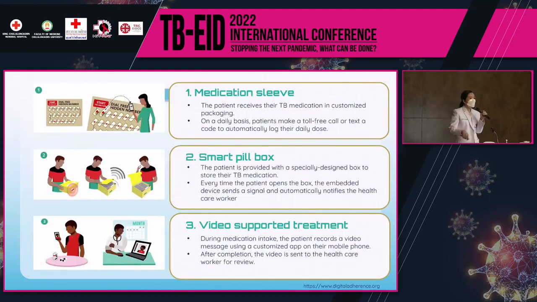This project will implement and evaluate three types of digital adherence technology, including medication sleeves, smart pill boxes, and video supported treatment. In each procedure, the patient will get advice from a healthcare worker, and none of the procedures will add additional cost to the patient.